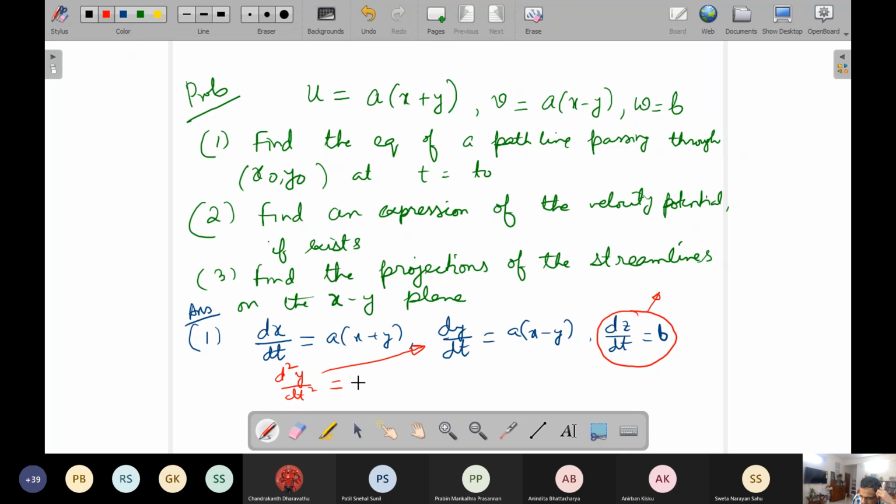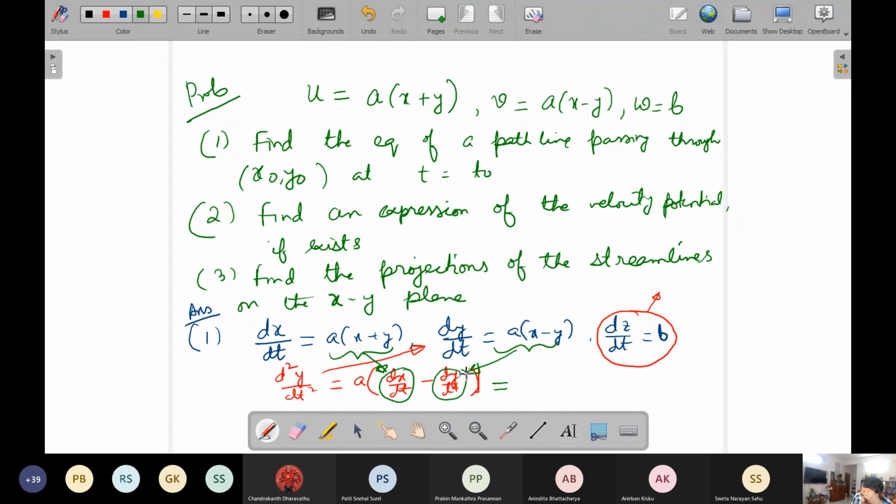So if we do that, we will get so the objective of writing it in this way is that now if you look into these expressions, dx dt is A into x plus y and dy dt is A into x minus y.